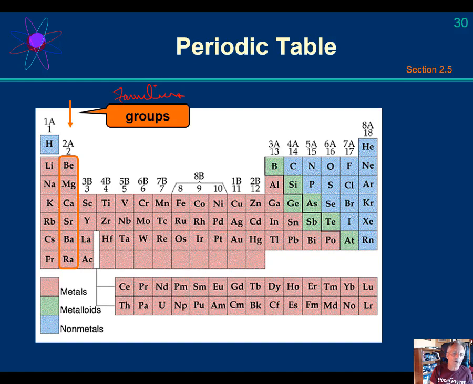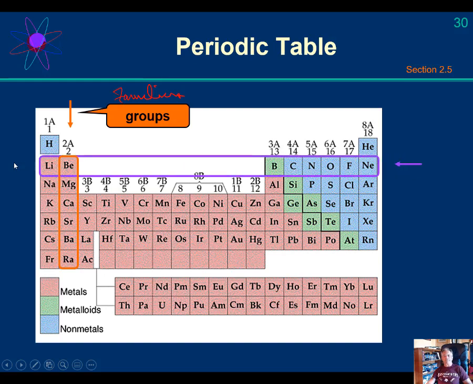You're going to find out later when we get into quantum mechanics that groups of elements, the vertical columns that you find on the periodic table, have similar physical and chemical properties. That is, their chemical behavior, sometimes their appearance, is similar. So groups of elements, that is, elements that are in the same family, have similar properties.